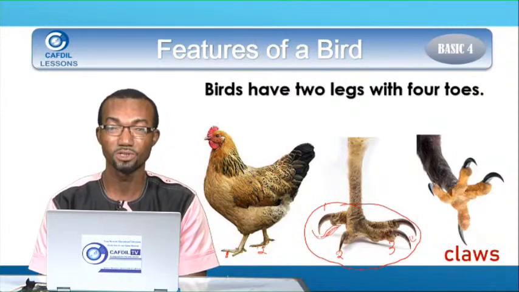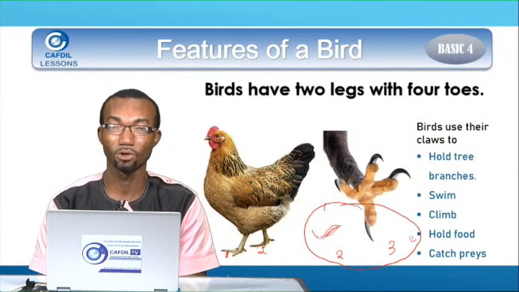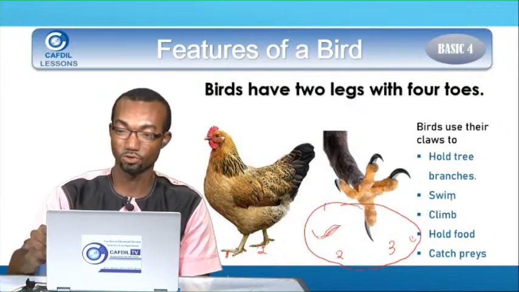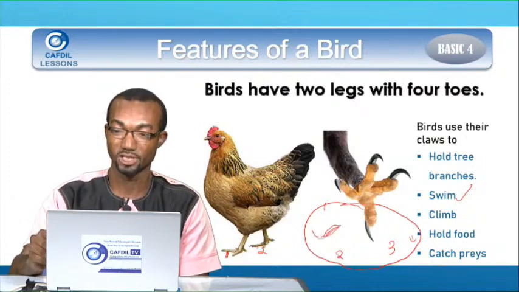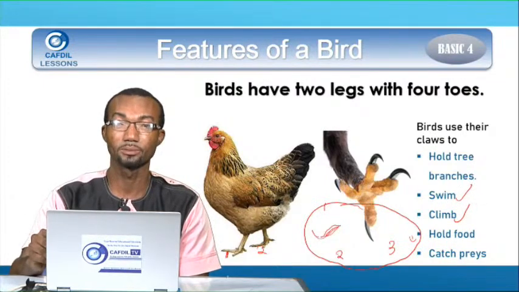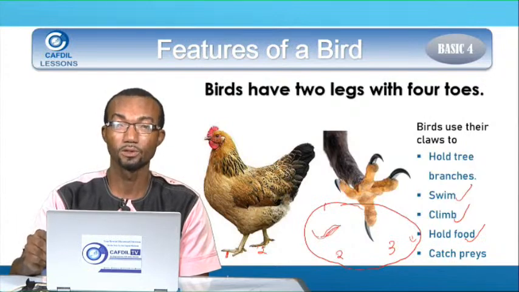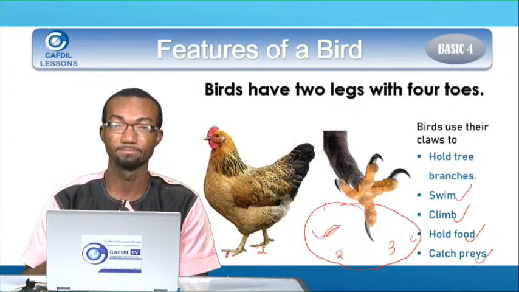And what is the use of the claws? Birds use their claws to hold tree branches. They also use the claws to swim. Some also use them to climb. Some use them to hold food, and some also use them to catch prey.